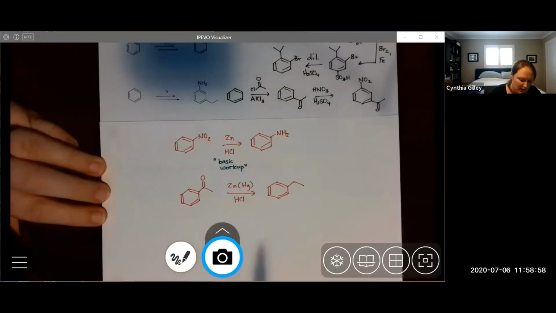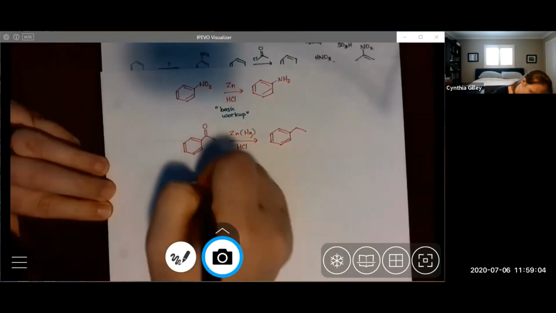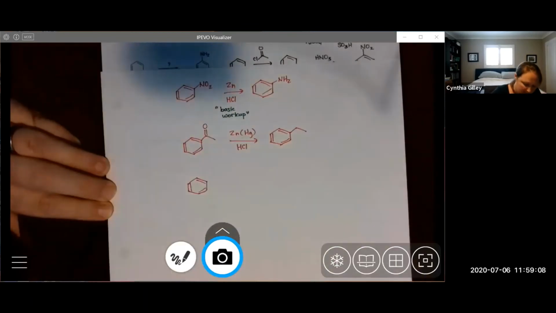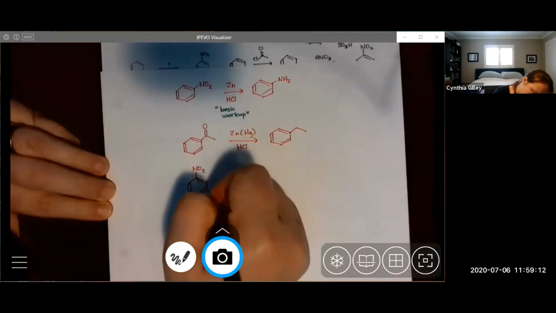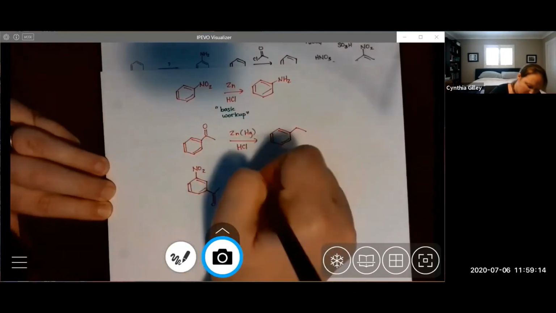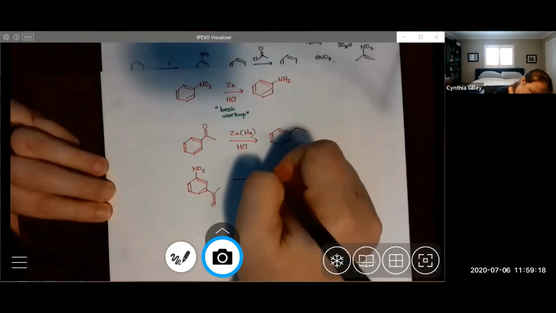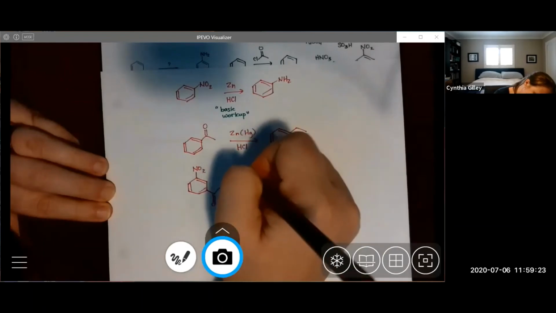So let's say we have a case where we have both of those groups. Do we have to do these separately? No, we don't. So in our case, we had both of these, and we want to reduce them both, right? So we're going to just use the zinc mercury amalgam.